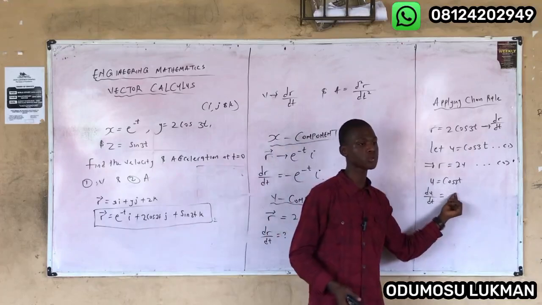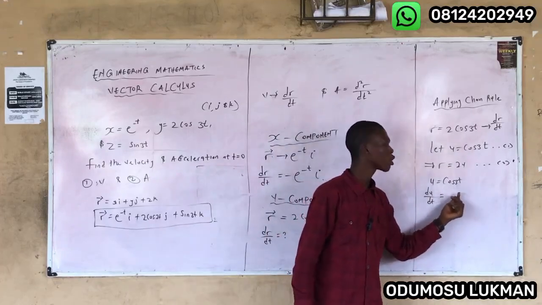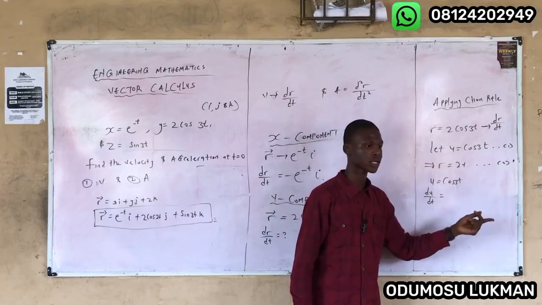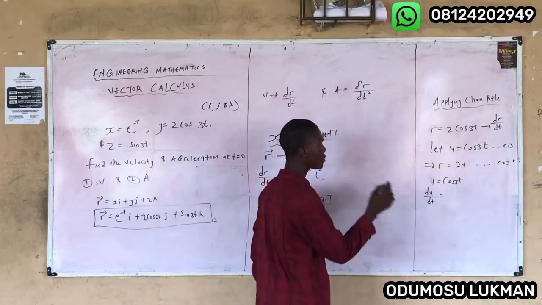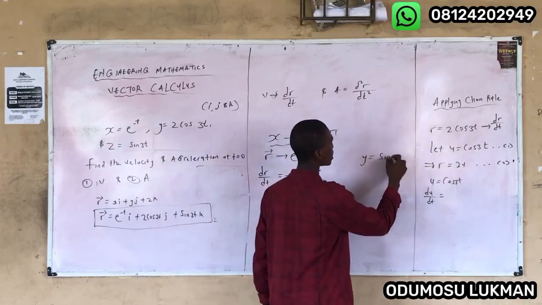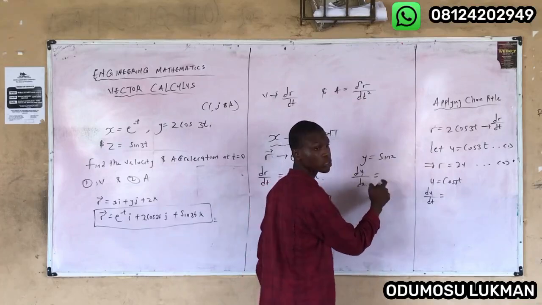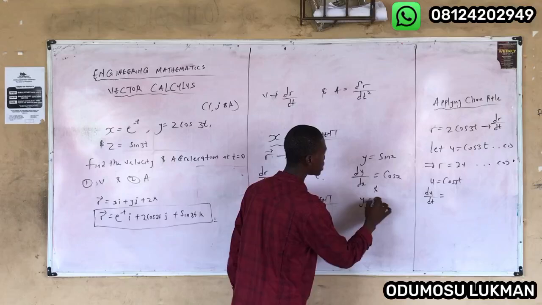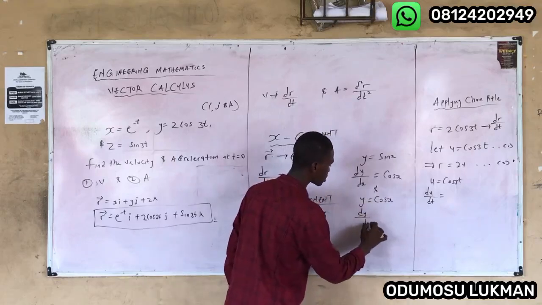The same thing is applicable here, differentiating cos 3t, but observe, cos x is different from cos 3x. Before solving this, let me quickly explain. In differentiation, if y is equal to sine x, we said that dy/dx is equal to cos x. And if y is equal to cos x, we said that dy/dx is equal to what?